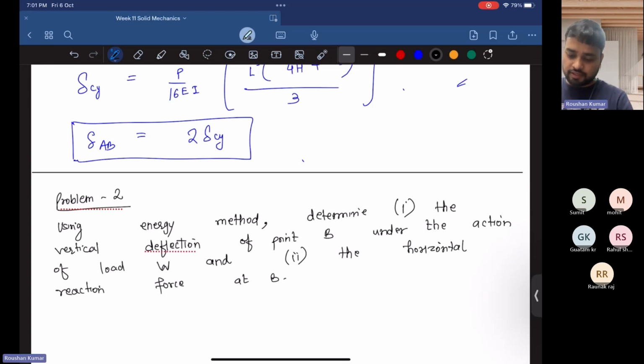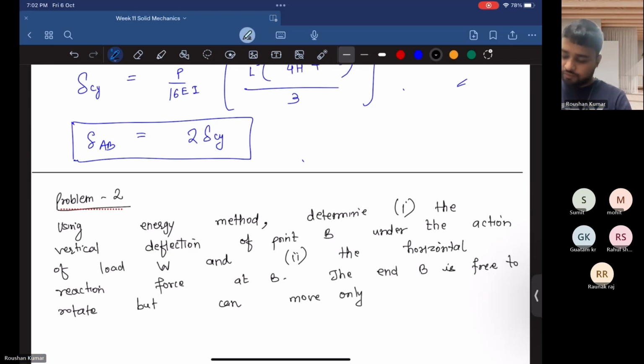The end B is free to rotate, but can move only in vertical direction.